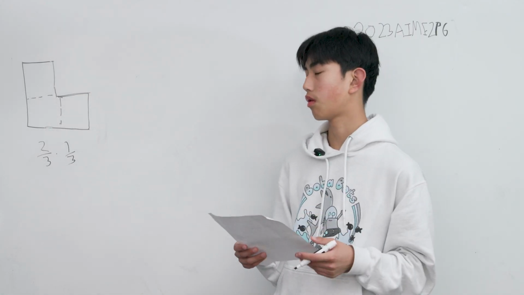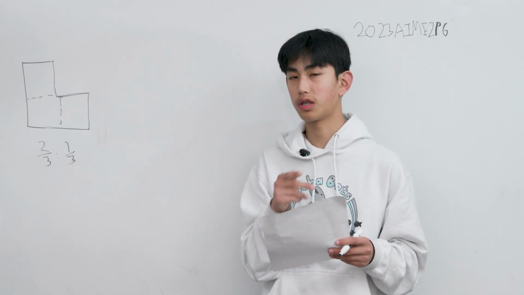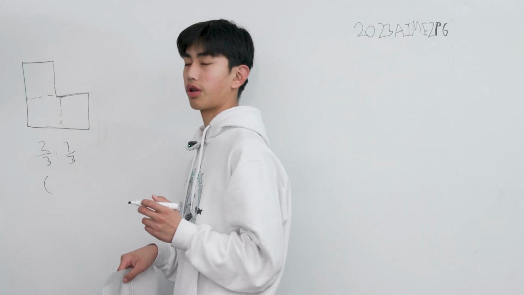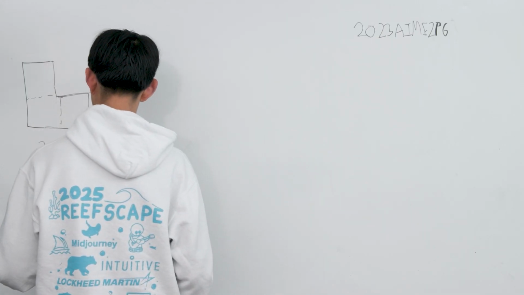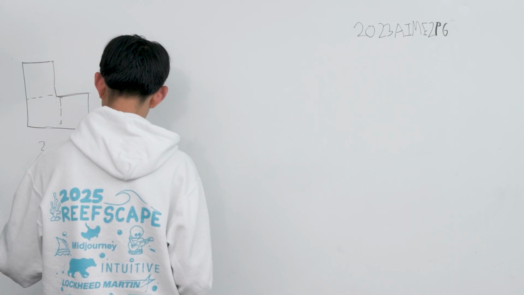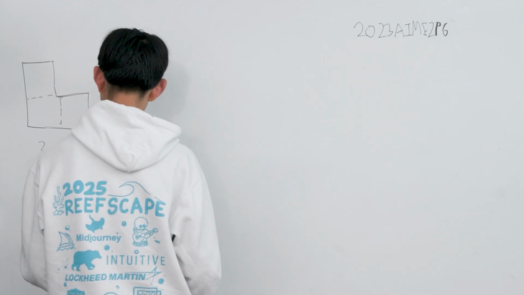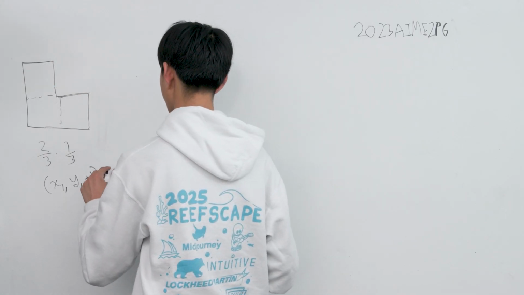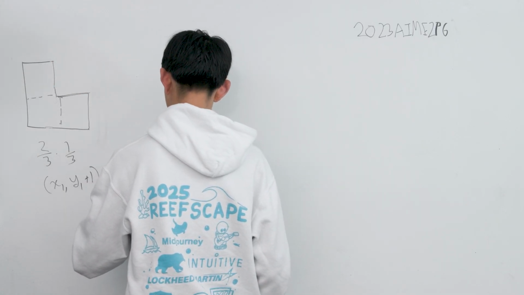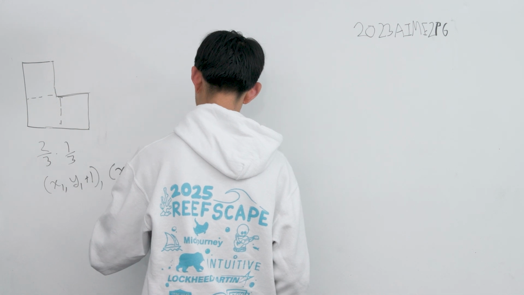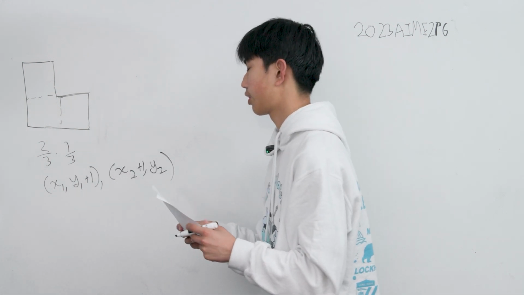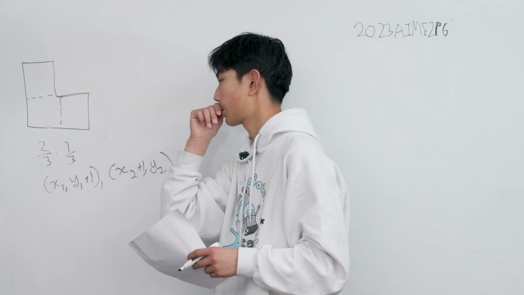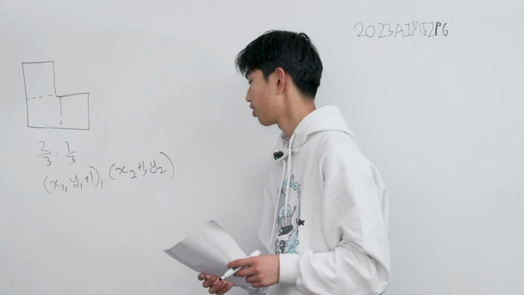Now let's call the x and y coordinates of these points. Let's set the coordinates for one of the points to be x1, comma y1 plus 1, because that's the point in the top square, and the other one is going to be x2 plus 1, comma y2, because that's the point in this one, where it's translated 1 unit this way.